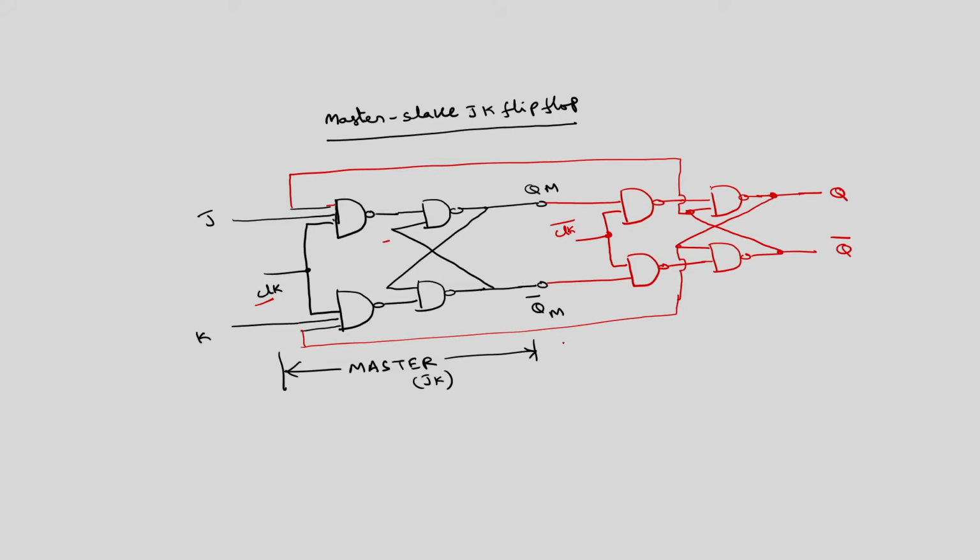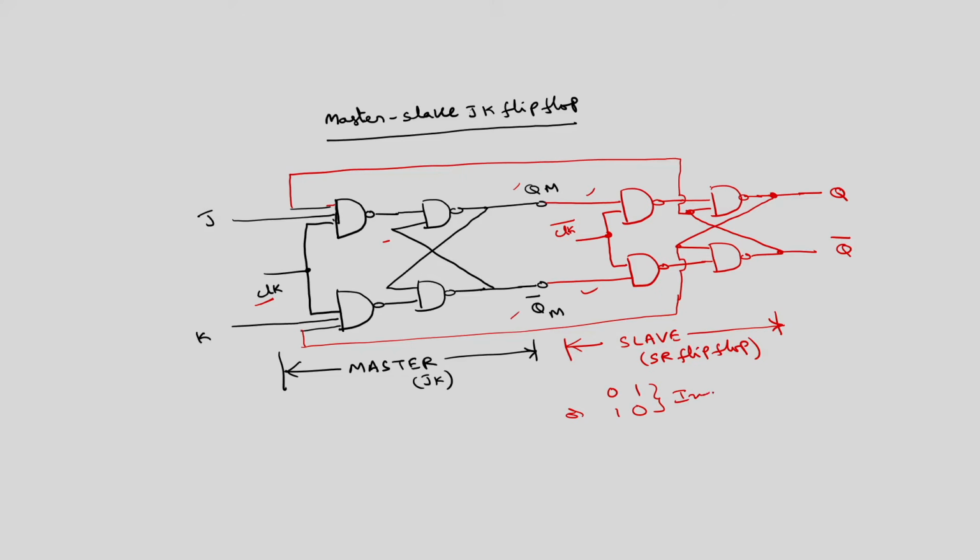Now from here to here, this is the slave, and this is an SR flip flop. The problem with an SR flip flop is only that S equal to 1, R equal to 1 is not allowed. But here you can see that the inputs for this flip flop are QM and QM bar, so the inputs are 0 1 or 1 0.